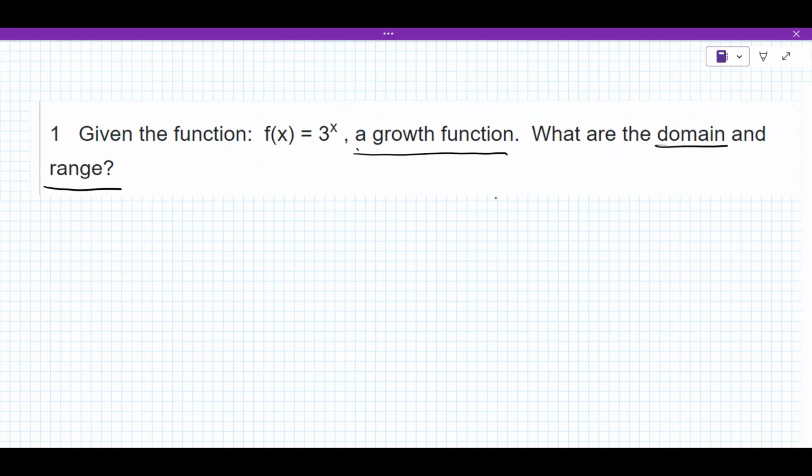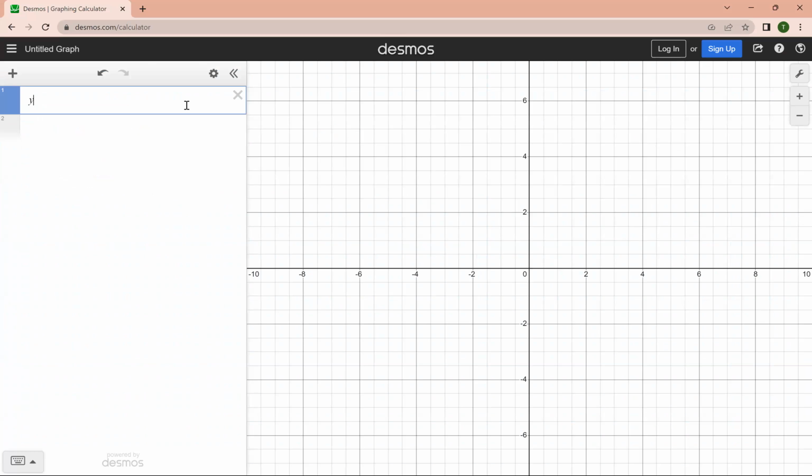So on the graphing calculator here, let me show you a few things that could be useful. So y equals 3 to the power of x. You can see that in red there.